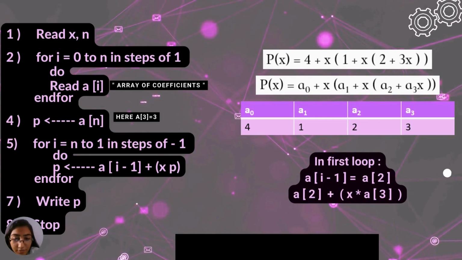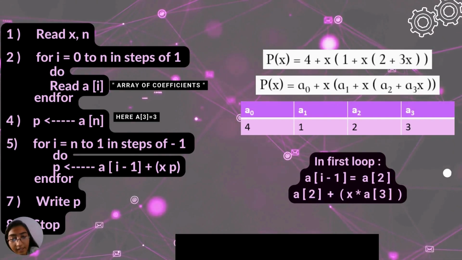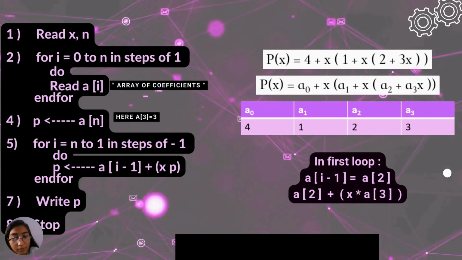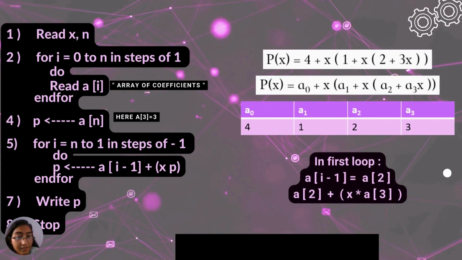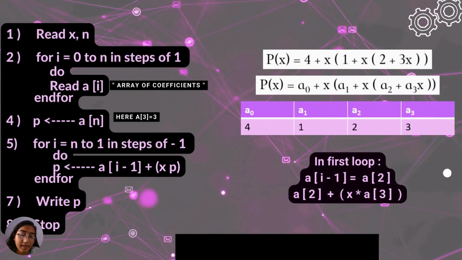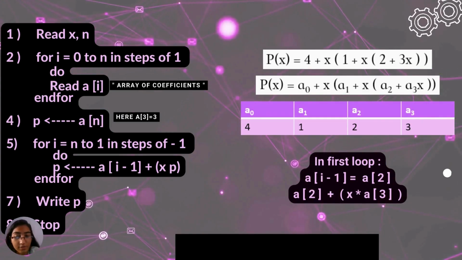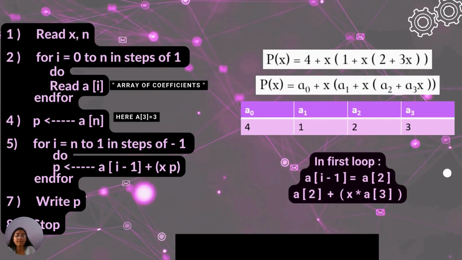So if we take the first loop, a[i-1] is equal to a2, because i starts with 3, since our degree of the polynomial is 3, so i minus 1 is 2, because it is starting with n.